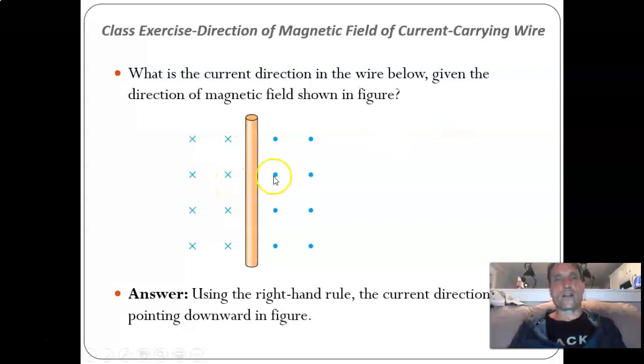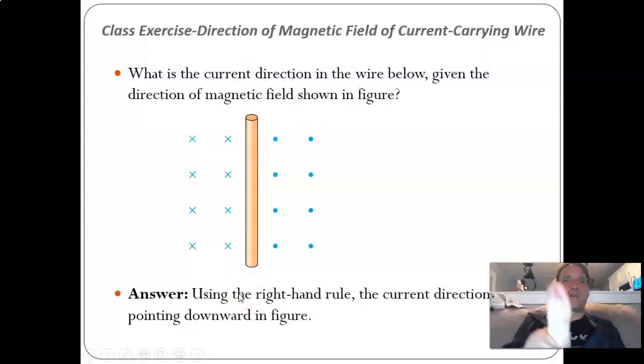There's two choices, right? The current either could be pointing downward in the figure at this point or upward. I mean, the current could either be going up along the wire or down. So let's try. I'm going to assume it's going upward. So put your thumb upward.